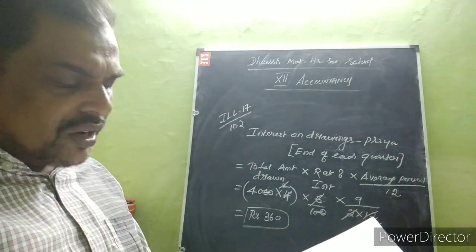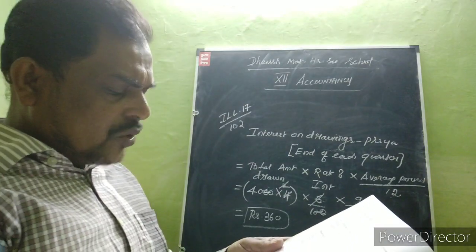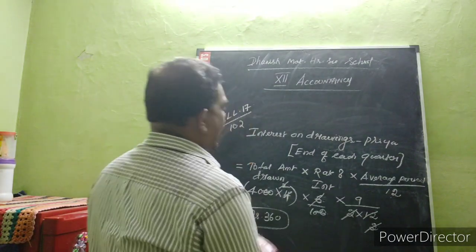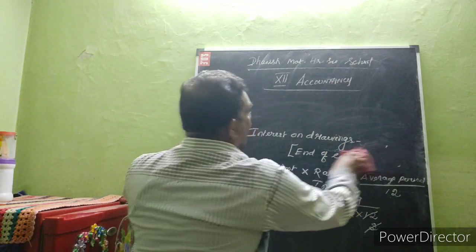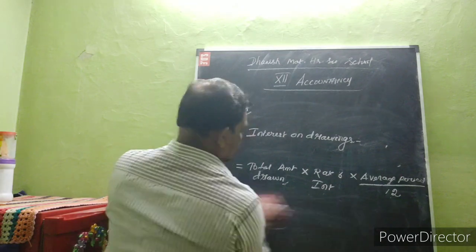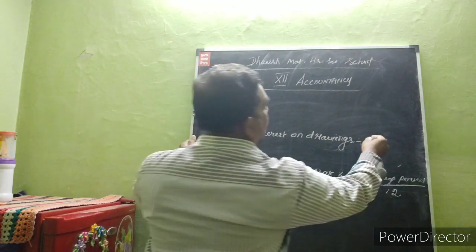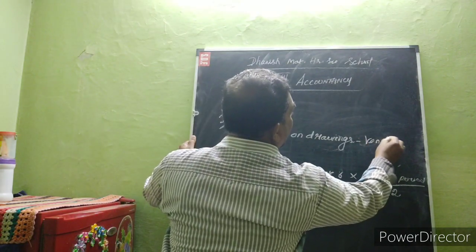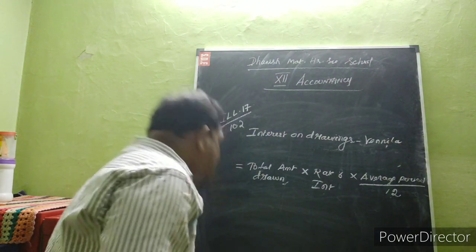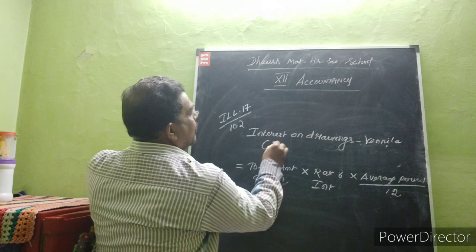Calculate interest on drawings for the year ending 31st December using the average period method. Listen. Venila is a partner. She is taking the amount as drawings. What is it telling? Beginning of each half year. That you have to mention here.